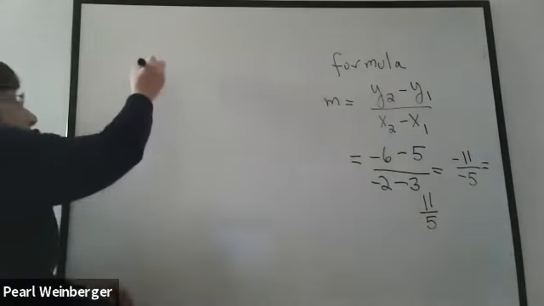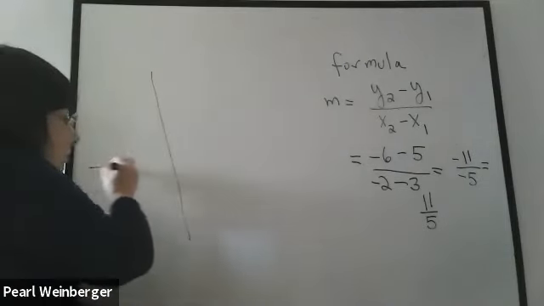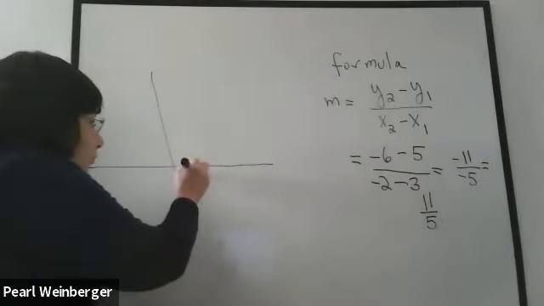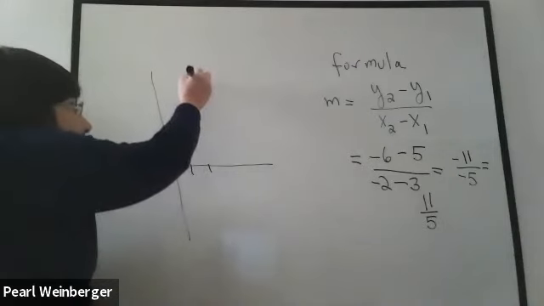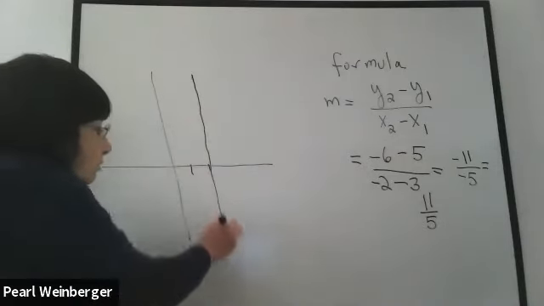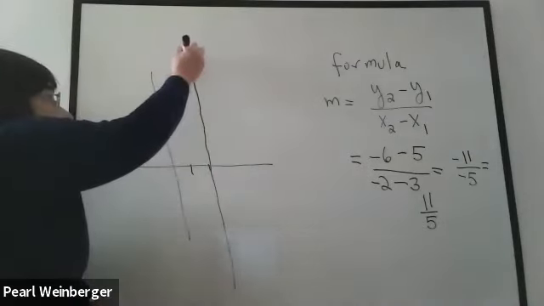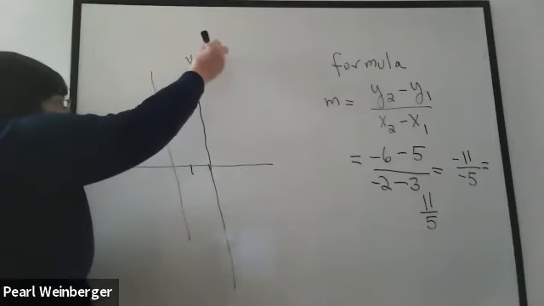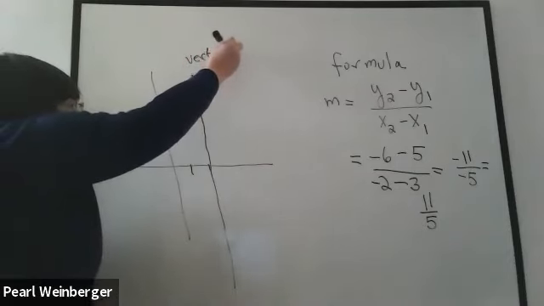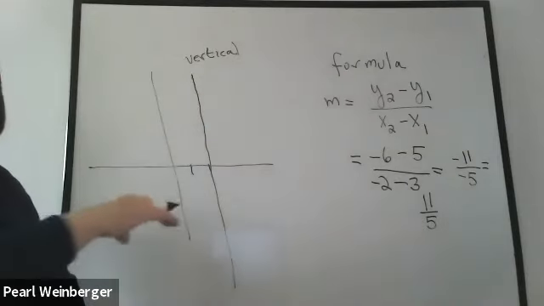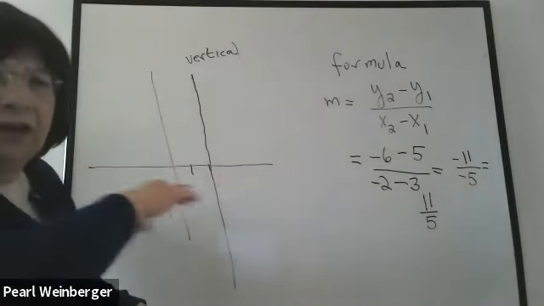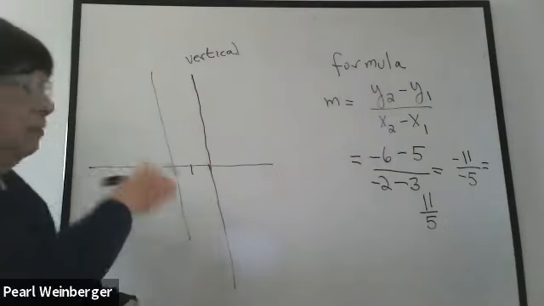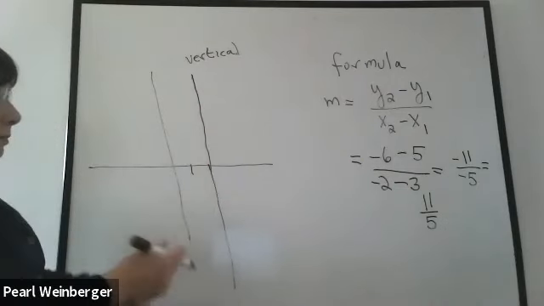Let's say I have a line like this. A line that's straight up and down is called a vertical line. A horizontal line goes straight across. Horizontal meaning horizon, so it means straight across. Vertical means up and down.